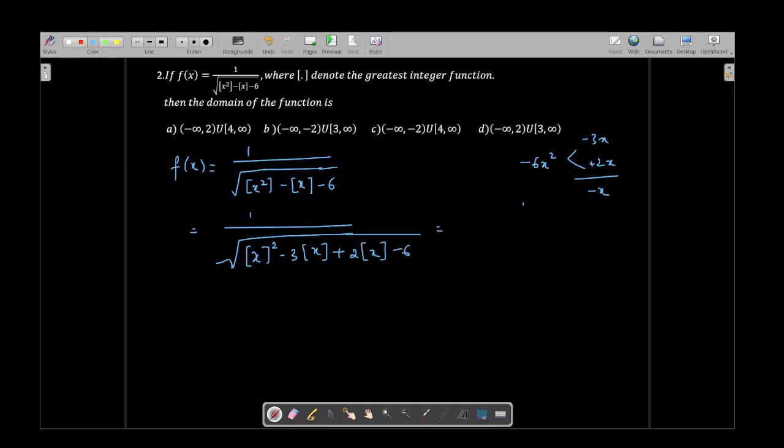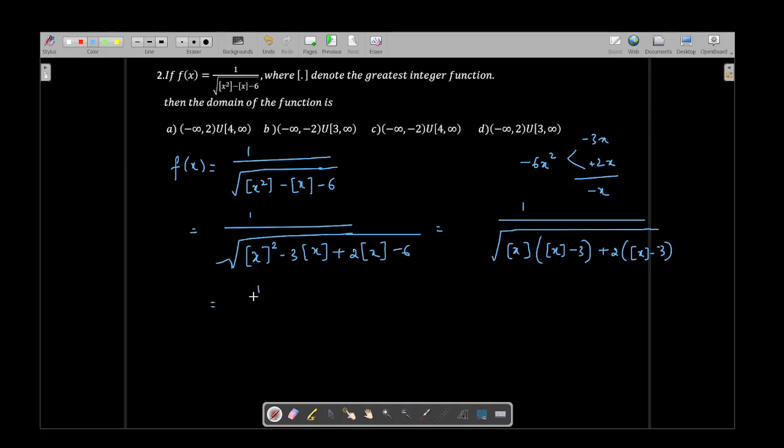Further, I can write this as 1 over the square root of [gi of x] times, I can take common, I'm left with [gi of x] minus 3 plus 2, [gi of x] minus 3.